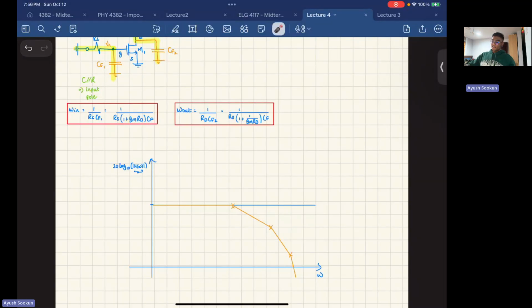It's the point at which your gain is no longer flat. It's minus GMRD until it hits the first pole, omega in or omega out. Then it starts to dip, and it keeps dipping until it reaches the next pole, where it dips again. All right, and that's it. Your gain is like this.